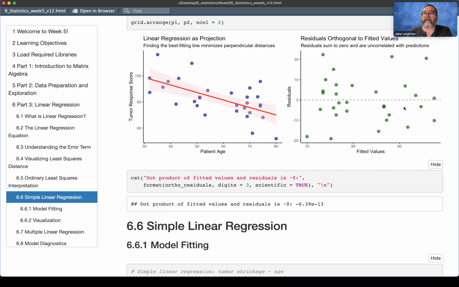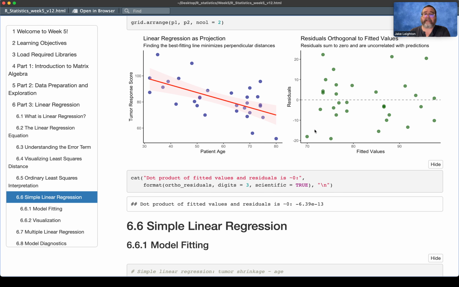So it basically fits that function to where all the residuals have to be 90 degrees away from a horizontal baseline, right? And that helps to minimize that error.